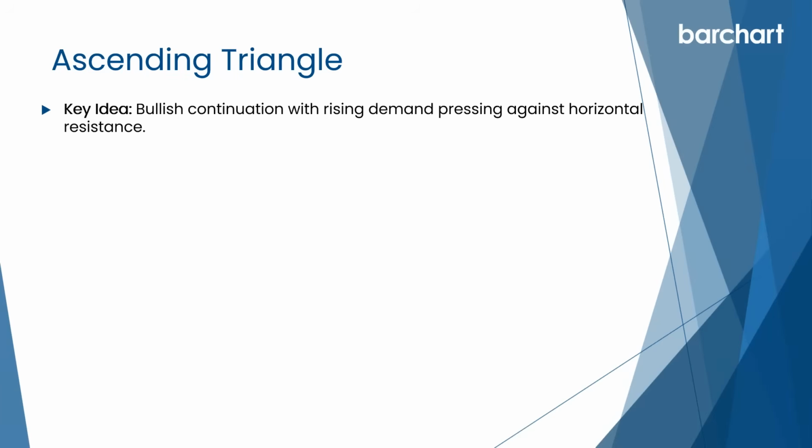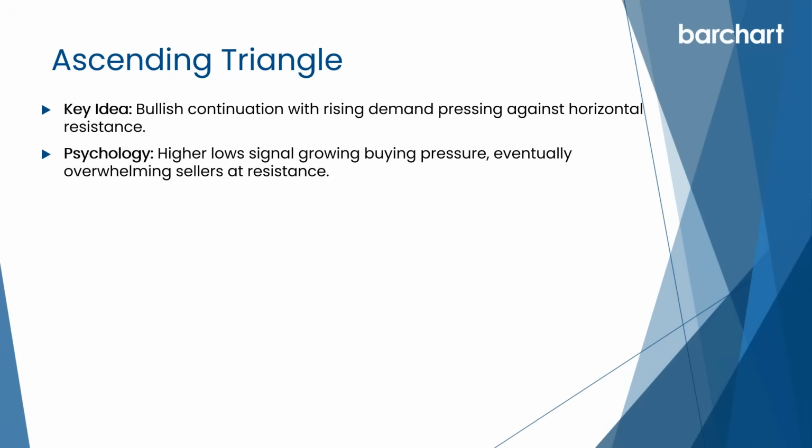And so the key idea behind ascending triangles is that they are bullish continuations with rising demand pressing against a horizontal resistance. The psychology, right, is higher lows signaling a growing buying pressure that eventually overwhelms the sellers at resistance. Now, characteristics.